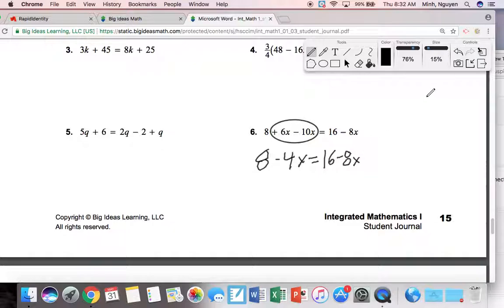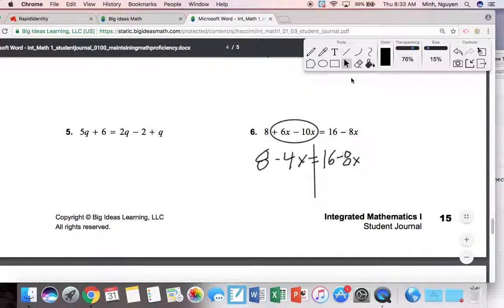The next step that I would do is to bring it to the left. Again, you don't have to. I just will for this problem. To add it to the left, or to isolate the variable to the left, you add 8x to both sides.